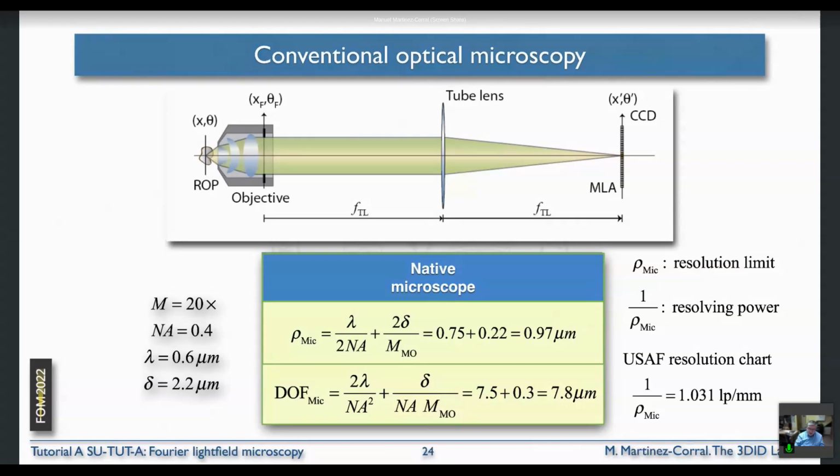Usually, resolution is measured through the USAF resolution chart, and in this case it is common to use line pairs per millimeter, which is just the inverse of the resolution limit. This is another way of expressing resolution. We can see about 1,000 line pairs per millimeter in this example.